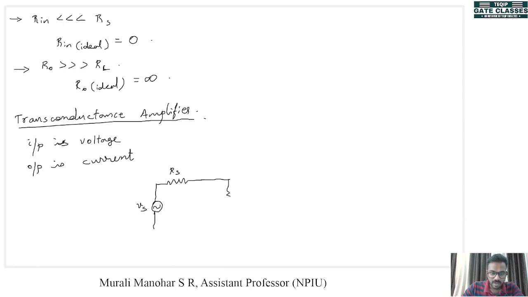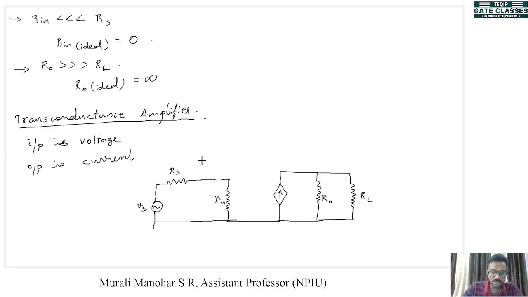So here we have Rin, and the amplification element will be a voltage controlled current source, and there will be the parallel resistance and also the parallel resistance across the load. This is RL.